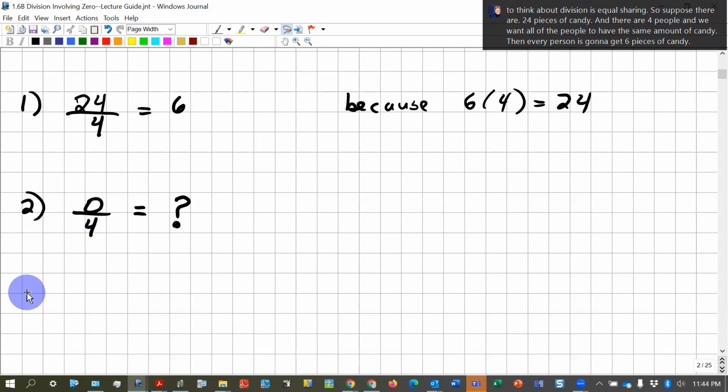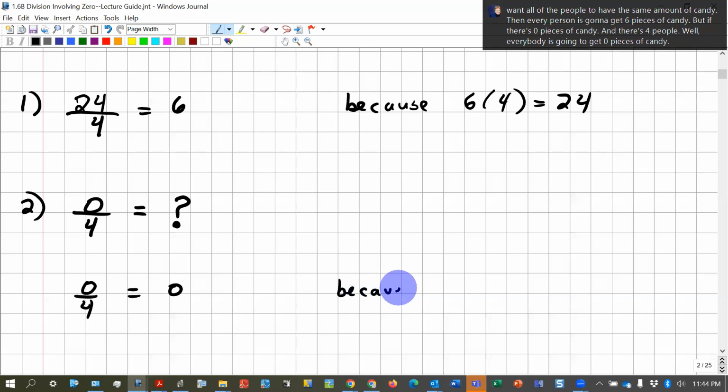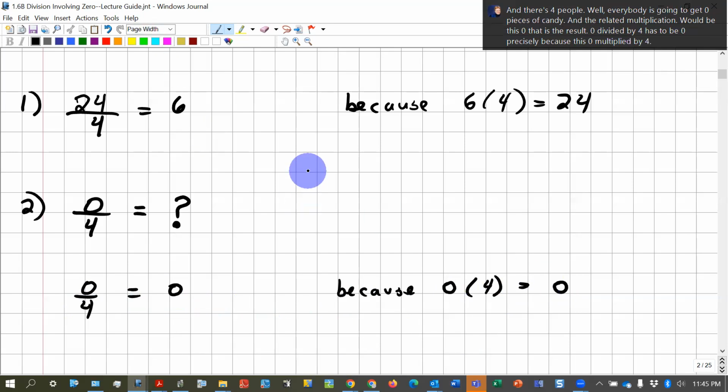But if there's 0 pieces of candy and there's 4 people, well, everybody's going to get 0 pieces of candy. And the related multiplication would be this 0 that is the result. 0 divided by 4 has to be 0 precisely because this 0 multiplied by 4 is 0.